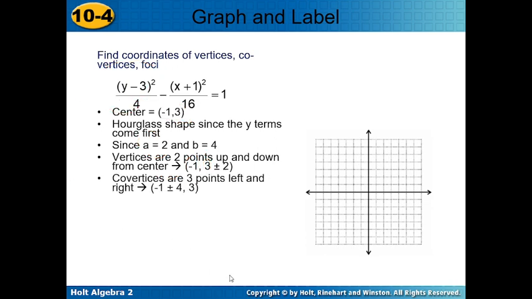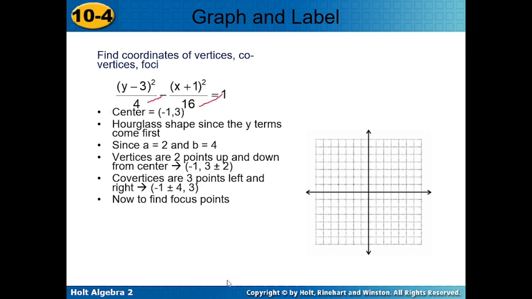So for your co-vertices, it is perpendicular. So therefore, you're going to add and subtract to the x-intercept. Okay, so you're going to find the foci for this. What is the formula? It's c squared is equal to a squared plus b squared, and we have the values of a squared and b squared, which are 4 and 16.